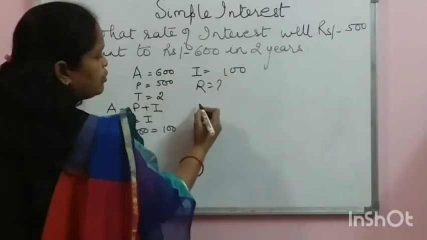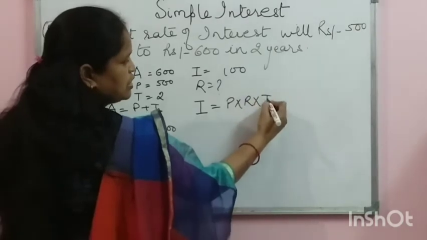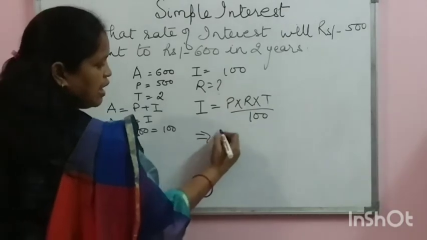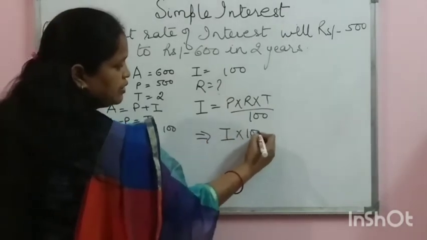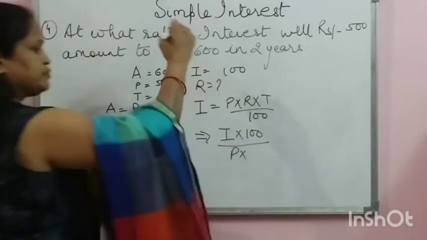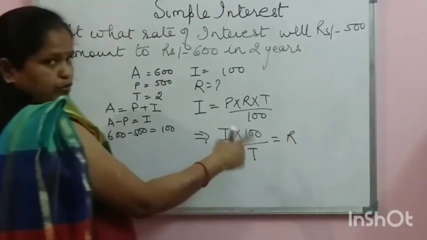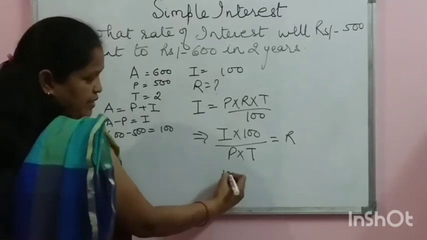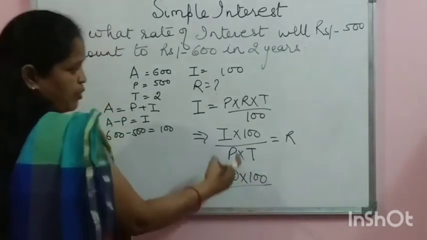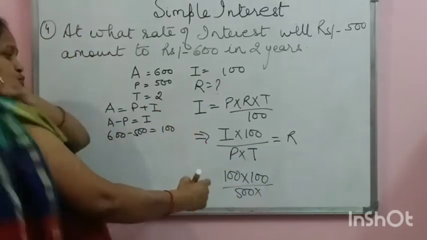And as you all know, I is equal to P into R into T upon 100. या हम ऐसे कर सकते हैं, I into 100, ये यहाँ चला जाएगा और ये नीचे आ जाएगा, P into T equals to R. When you solve this equation, you will get I क्या है 100 multiplied by 100 upon P क्या है 500 और T क्या है 2.